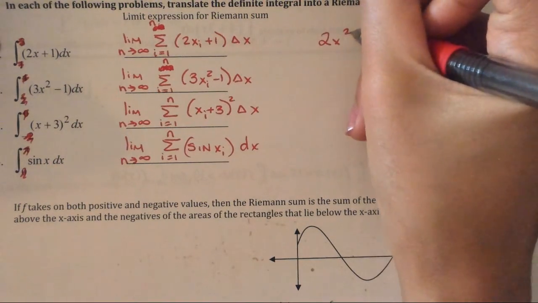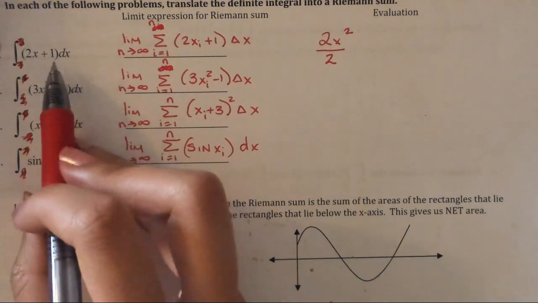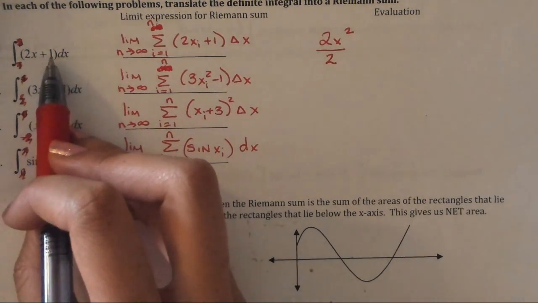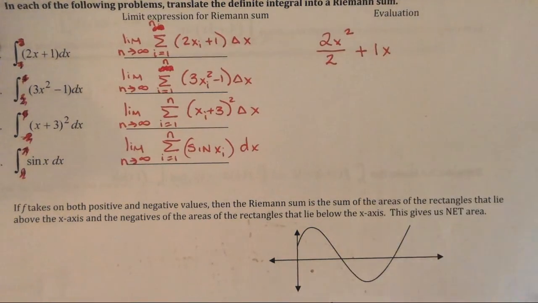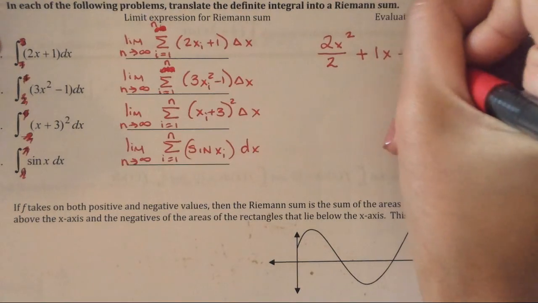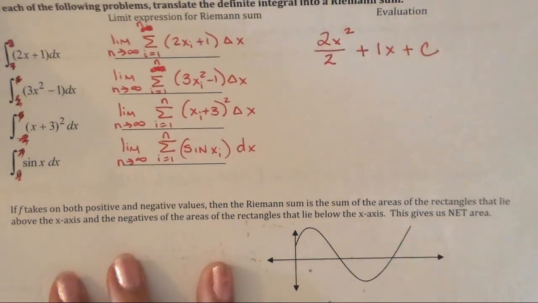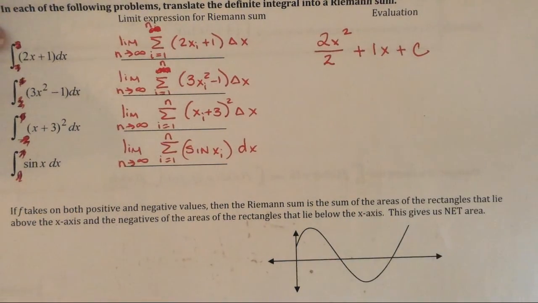So I'd add 1 and make it x squared. I'd divide by my new exponent, and then here's a plus 1, and a plus 1 becomes a plus 1x. So that's my integral of 2x plus 1. And then don't forget the plus c, because we have a constant there that we don't know about.